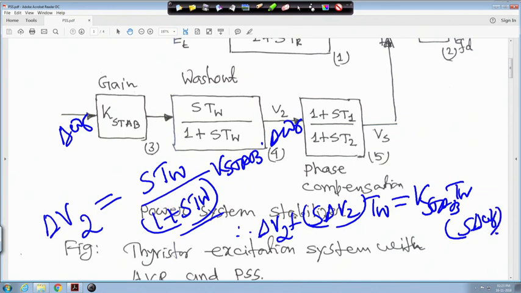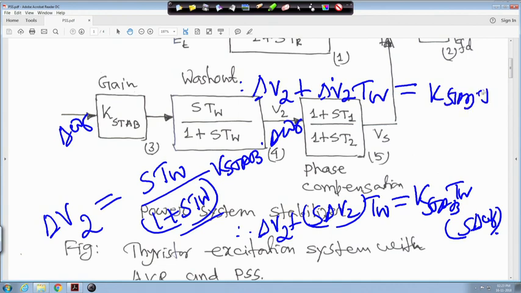Now, this I am writing somewhere here: delta V2 plus this S delta V2 is nothing but your delta V2 dot, right, multiplied by TW is equal to K stabilizer gain into TW and S delta omega r, which means delta omega r dot, right.